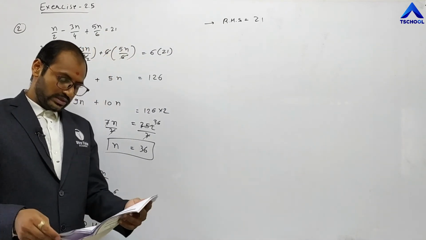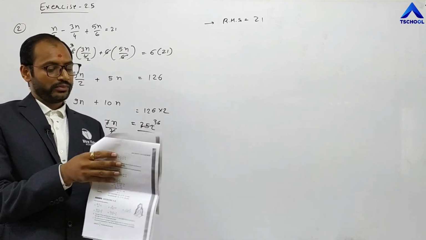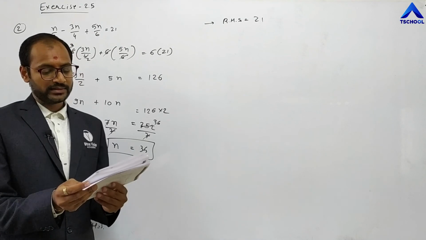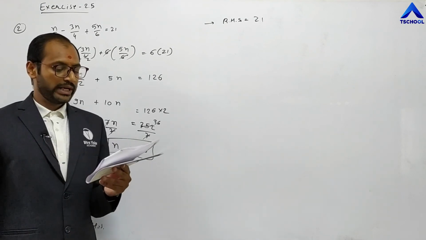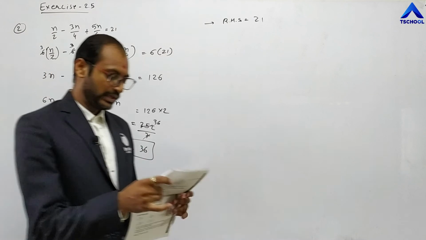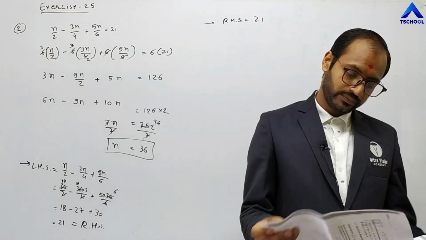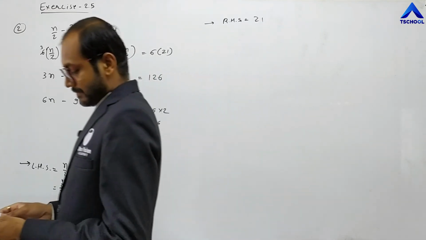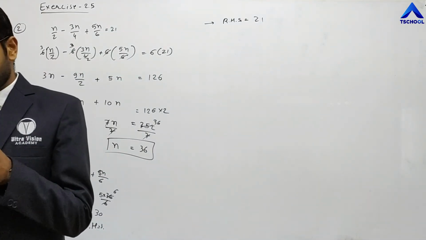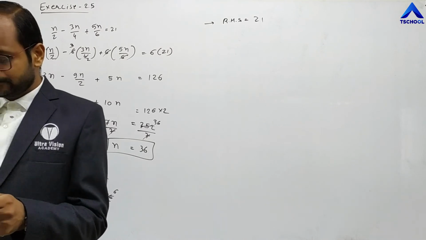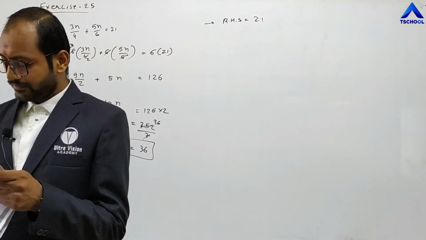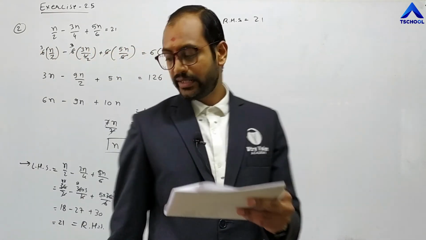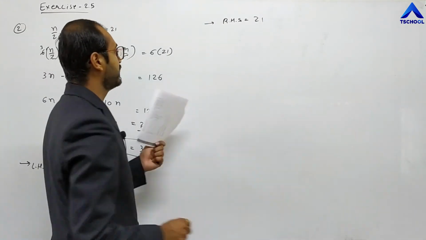Now, questions number 3, 4, 5 and 6 are in homework. Do that by yourself, and you can verify it by yourself. There is also an equals sign missing. In the fourth, that is a mistake.